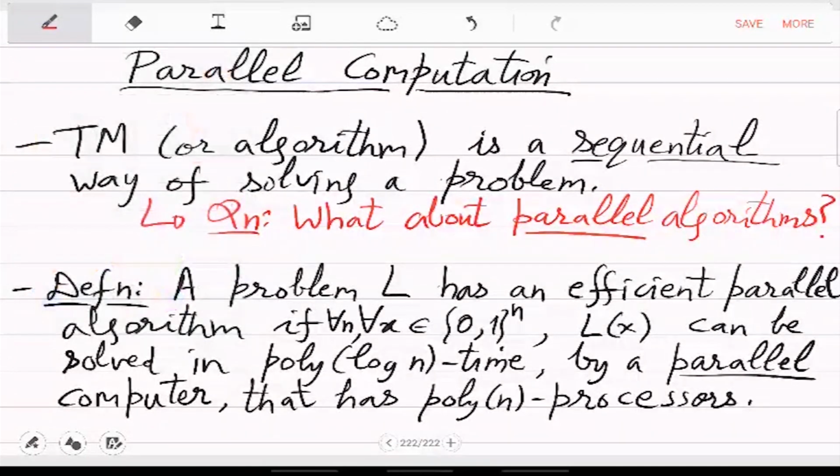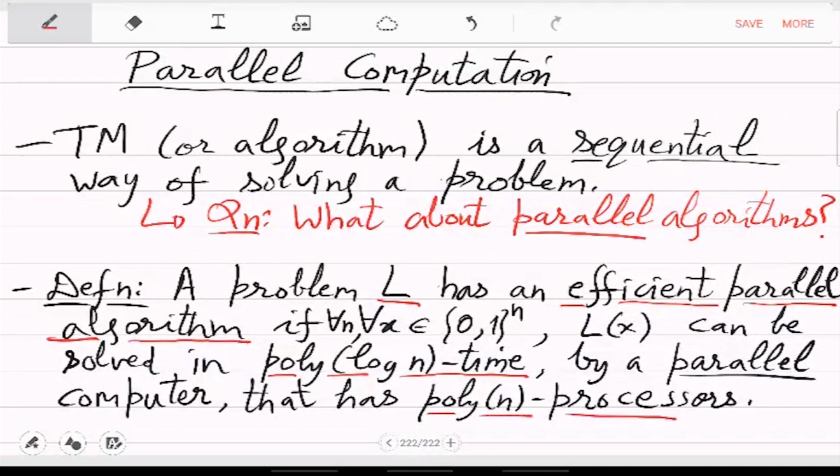Okay, so this problem L, we will say it has an efficient parallel algorithm if for all inputs of length n, as n is growing, you can solve the problem on this input in polylog time and poly n processors. Okay, this is important.